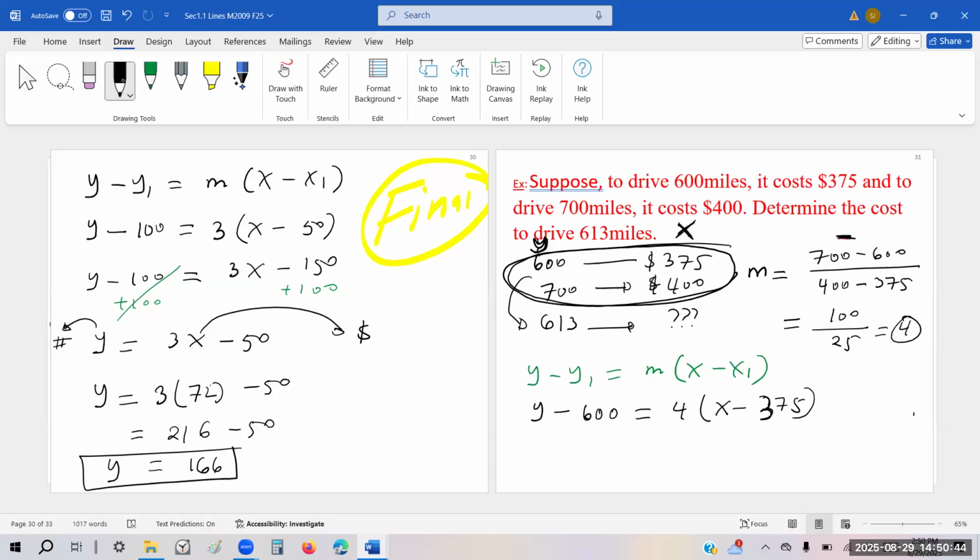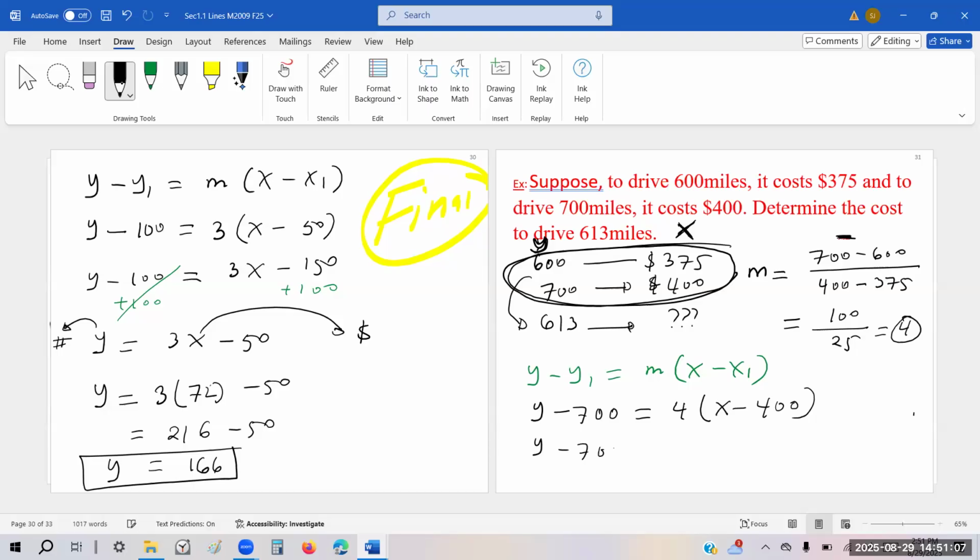Actually, let's take the other one because it's easier to multiply. Let's take the 700. Then I don't have to do 375 times 4. We can easily do 400 times 4, right? Which is easier. You can pick any one of the points. It doesn't have to be exactly x1, y1.